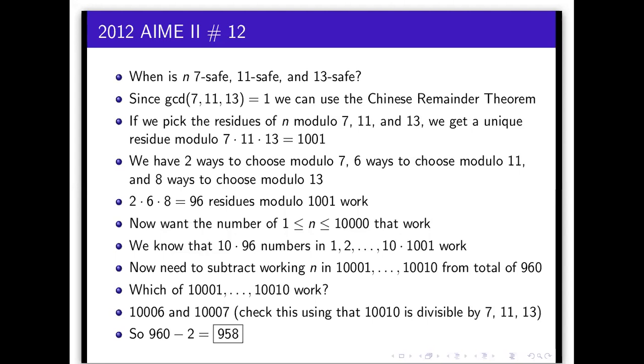So we know that 960 numbers from 1 to 10,010 are safe modulo all three of these integers. We're going to have to subtract the number of integers from 10,001 to 10,010 that are simultaneously 7, 11, and 13 safe, because we overcounted them.